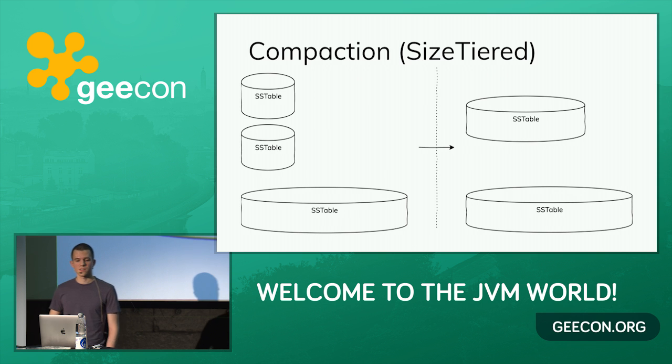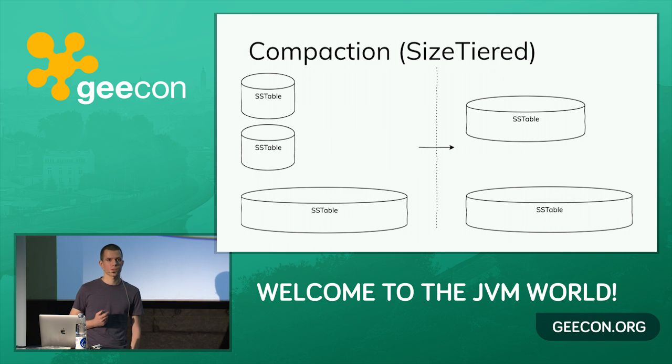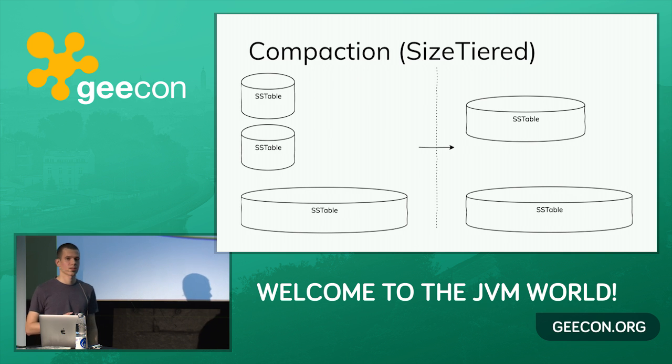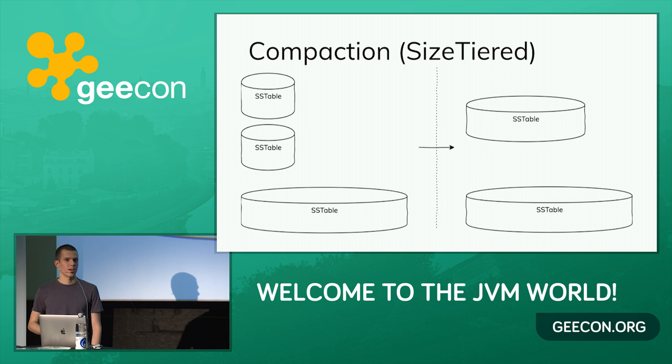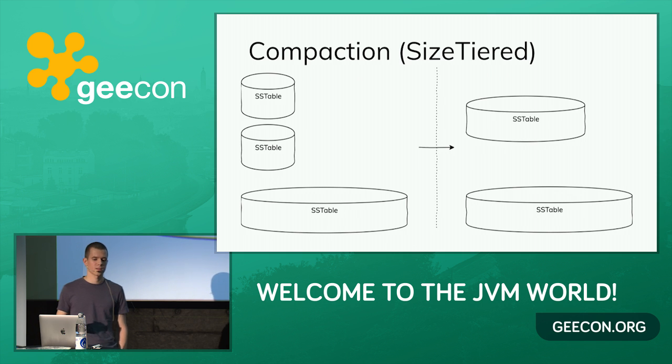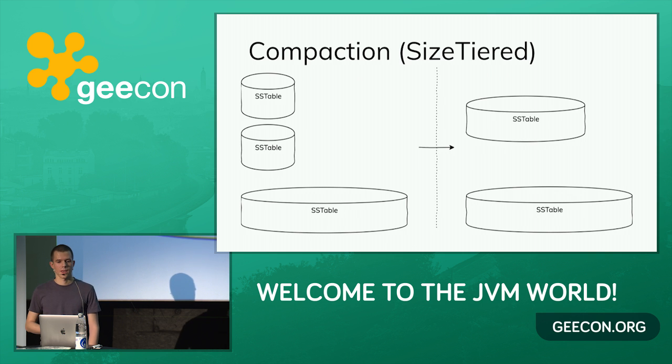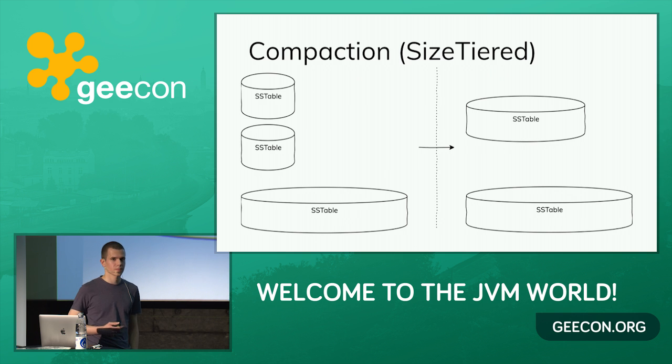So this also means that in the worst case scenario, you need to have half of your disk free, because if your data takes half of your hard disk and you need to do some big compaction, then the new tables will also take half of your disk. And when those new tables are produced, then you can delete the old tables, so again you have half of your disk free. This is a drawback specifically of the size-tiered compaction strategy.